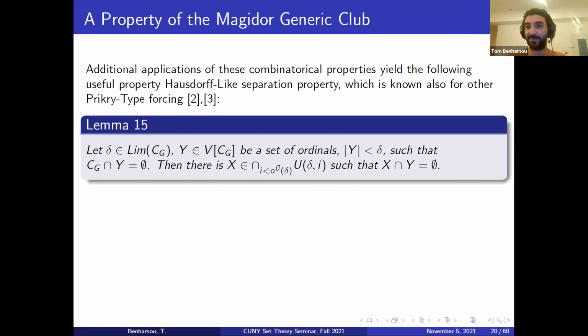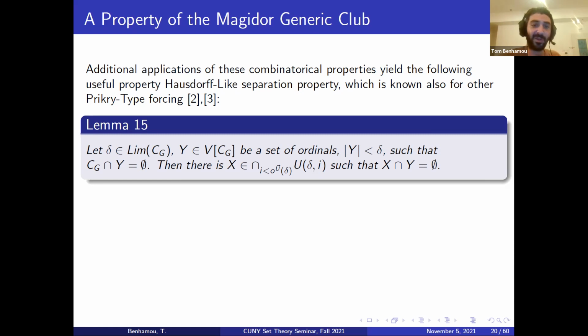Okay, so why do I think of it as a separation property? Because basically we know that CG enters this set X from a certain point. This is the Mathias criterion. And so X is thought to be somehow thicker than CG.